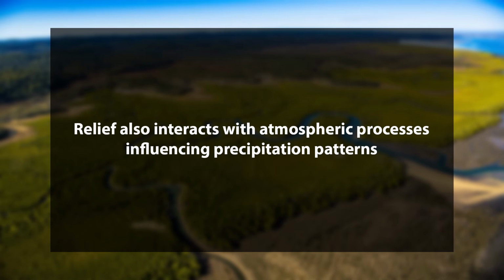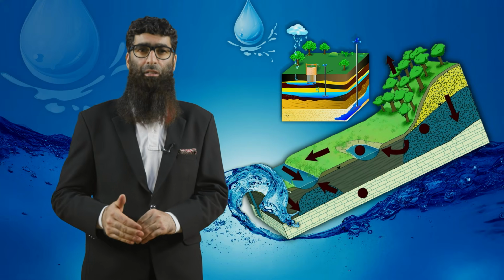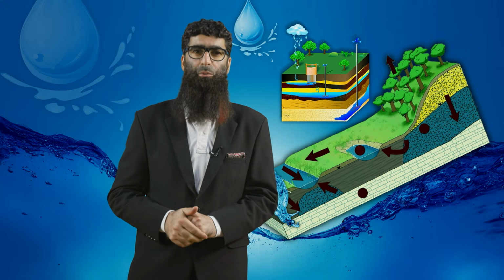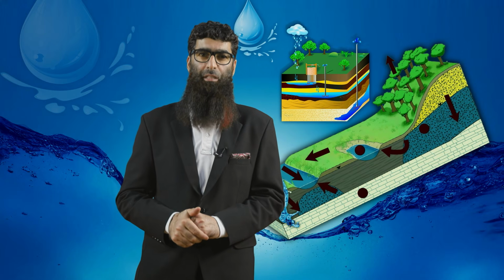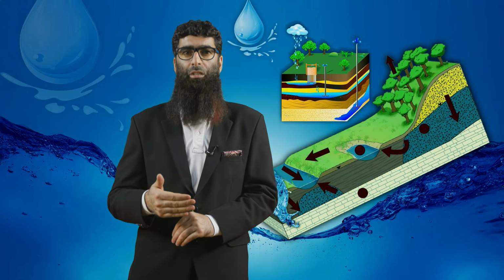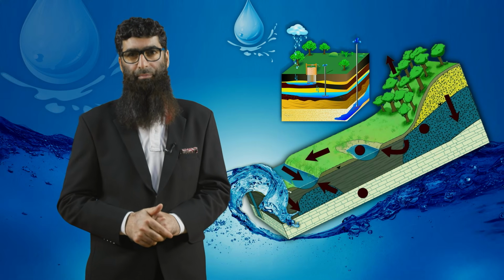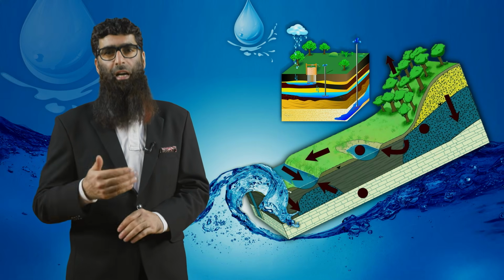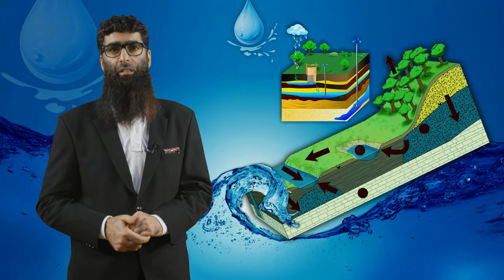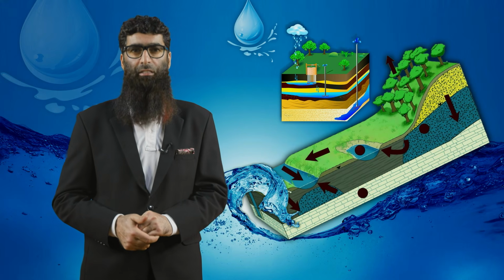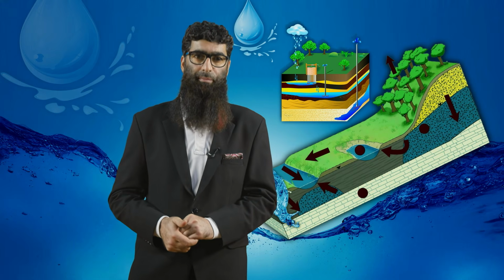Relief also interacts with atmospheric processes influencing precipitation patterns. Relief strongly affects the distribution and concentration of precipitation with elevation through orographic effects. High relief leads to more rainfall on the windward side and less rainfall on the leeward side.